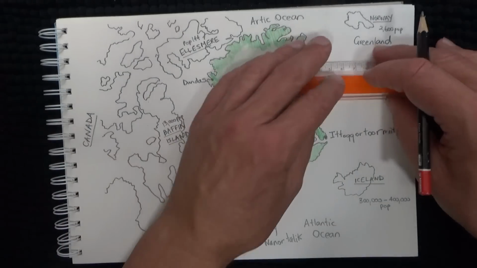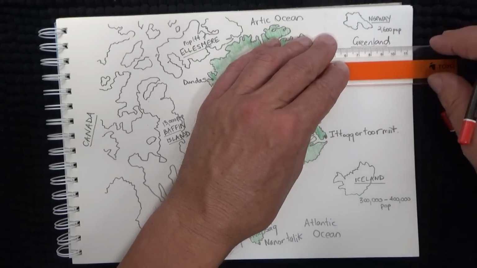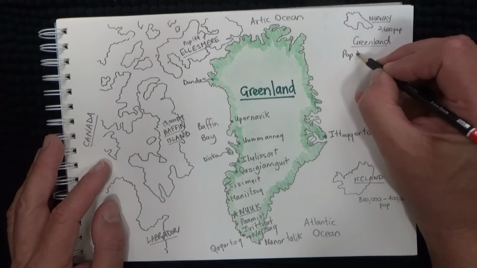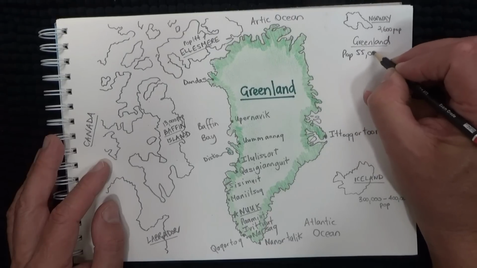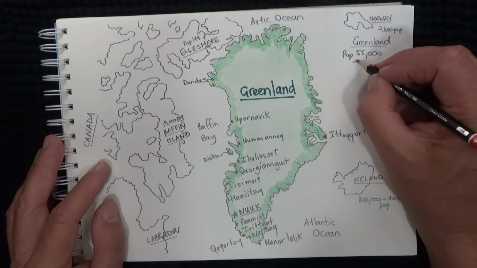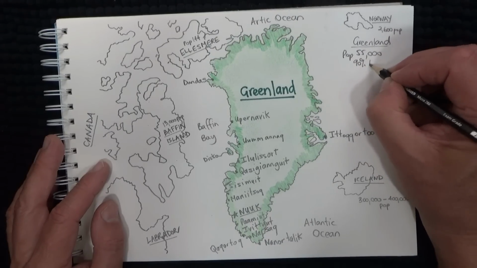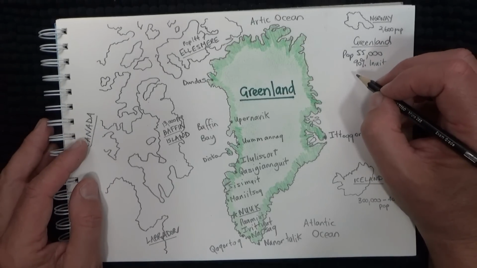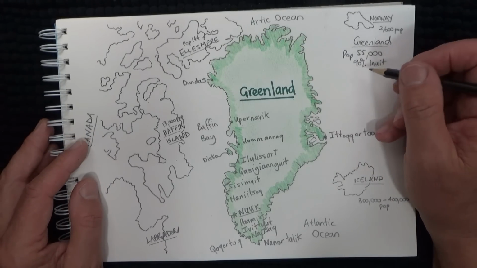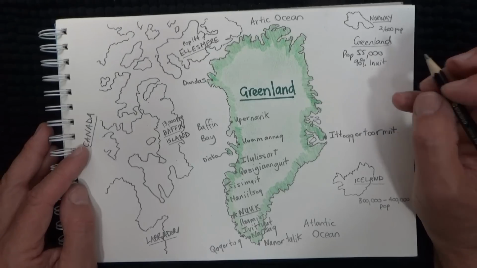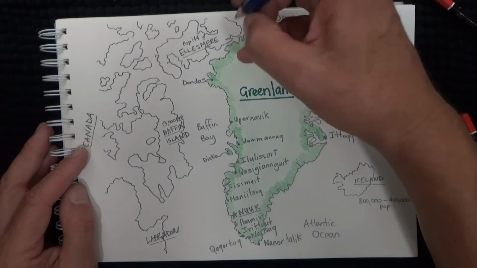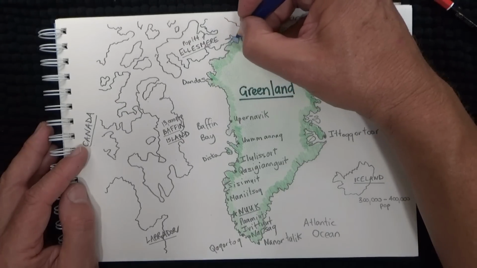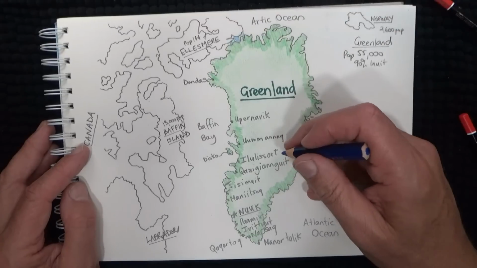Greenland. Population of 55,000 and 90% Inuit, and the other mostly Danish and so on as well. So it's there now.